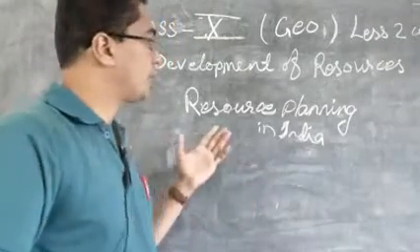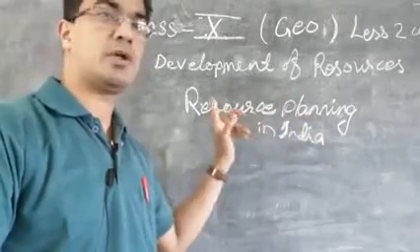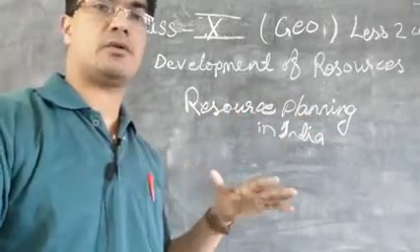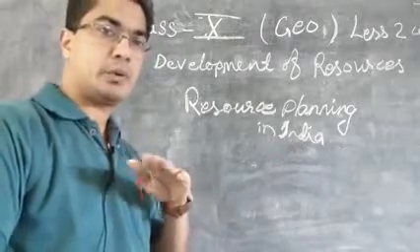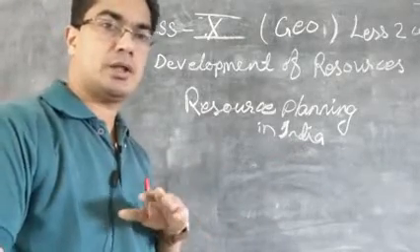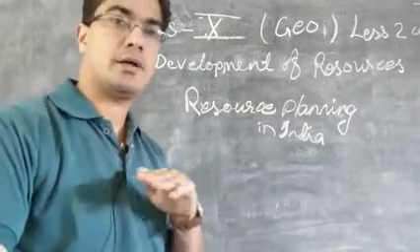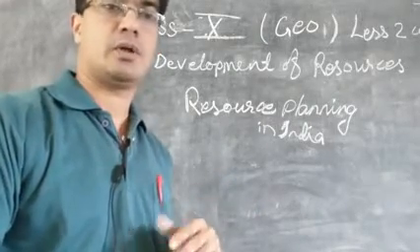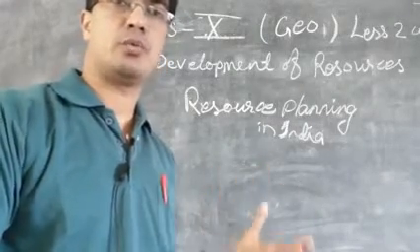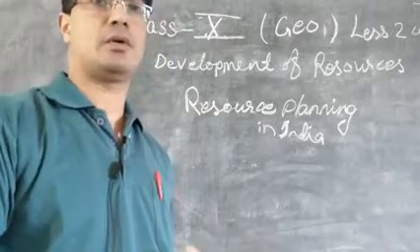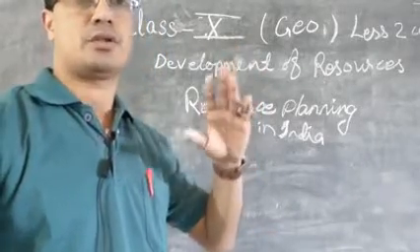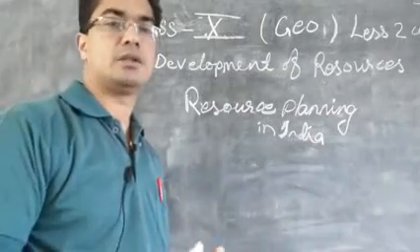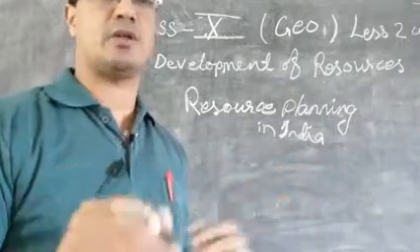What can we do? How can we plan about the resources in India so that there can be sustainable development, there can be progress in our country, and people in India can have a quality life, a dignified life, but in a way not so poor as to starve, and not so rich as to acquire more and more and increase the gap between the rich and the poor?